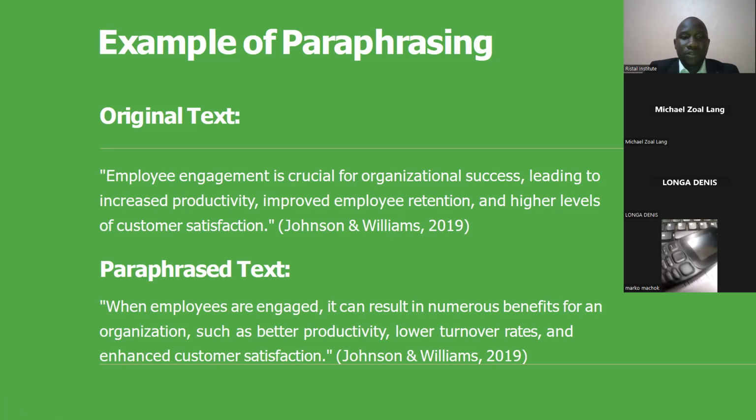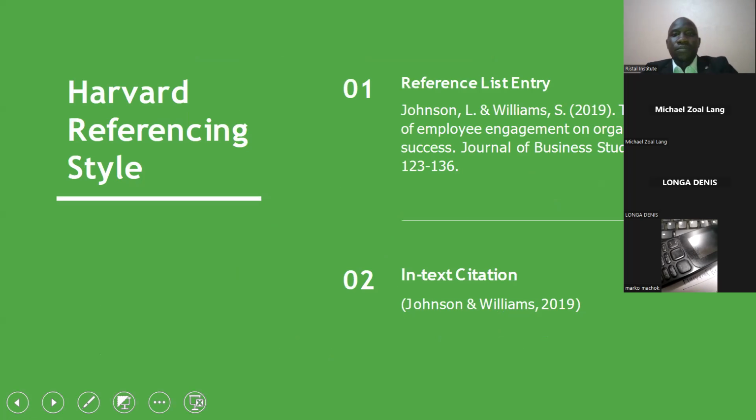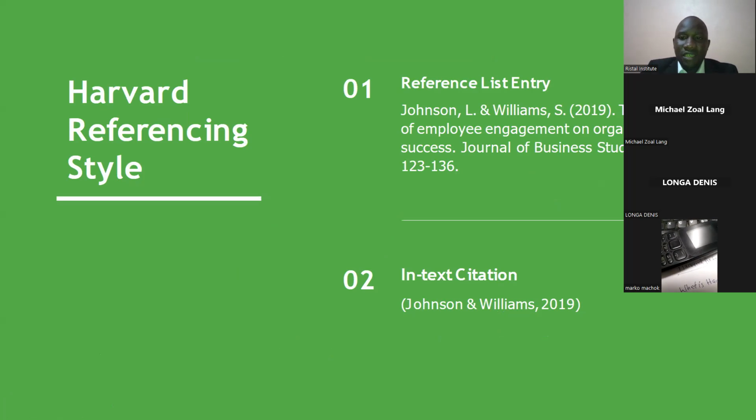Okay, so it is very, very important for you to paraphrase your work. I already said that with the Harvard referencing style, there are two things you need to have. In your text, you give the citation in the text, that is in-text citation, and you have the list of references at the last section of your document.